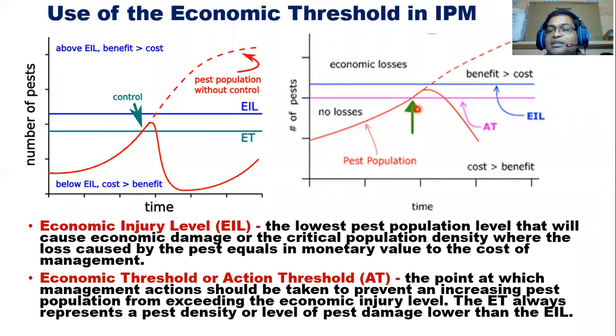At that level, your profit will be higher than the cost of control. If you allow the pest to increase continuously, then your benefit will become less and the cost will become high. Here, the second graph shows this, right? So according to the pest population only, you are going to take decisions.